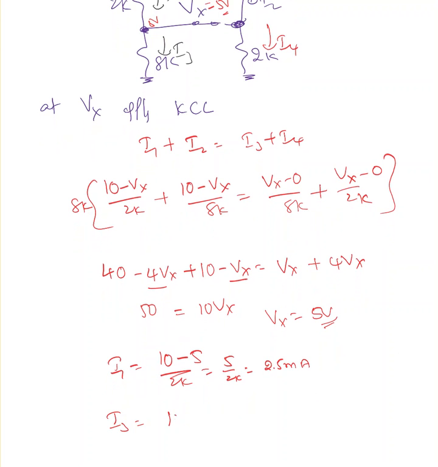I3 must be (5 minus 0) over 8K. So 5 over 8 equal to 0.625 milliampere.